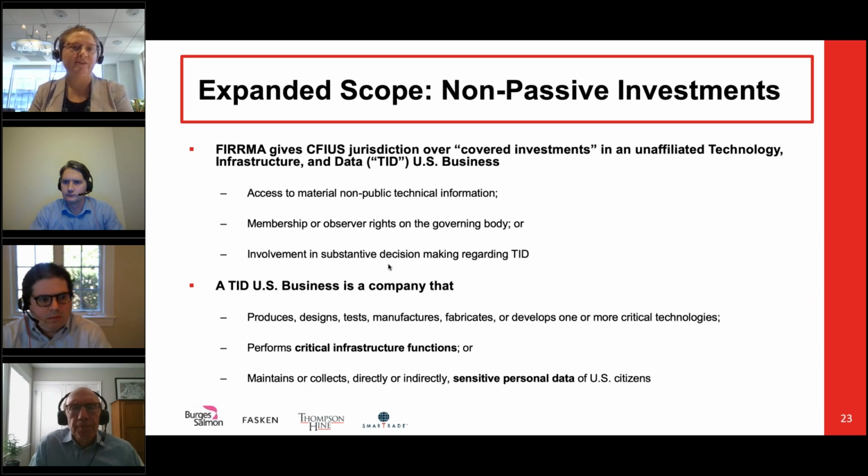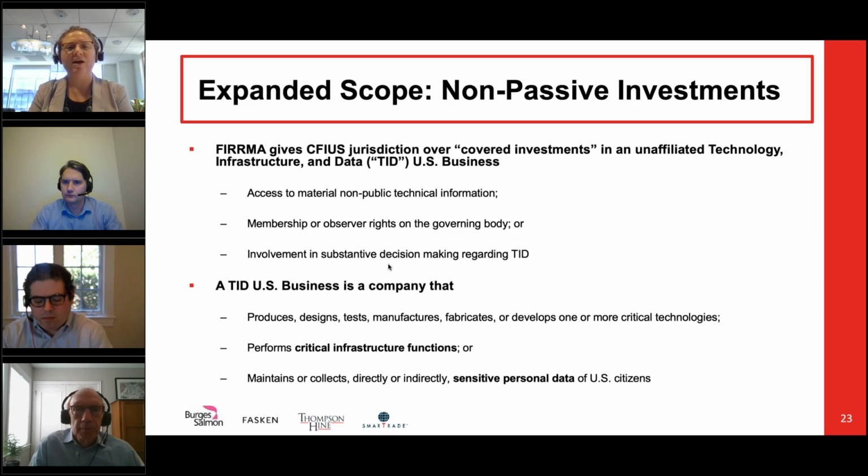Membership or observer rights in the governing body is kind of self-explanatory. But somewhere either in that bullet or in the one about substantive decision making is where you get things like a seat on a limited partnership advisory committee that has certain rights to influence decisions.